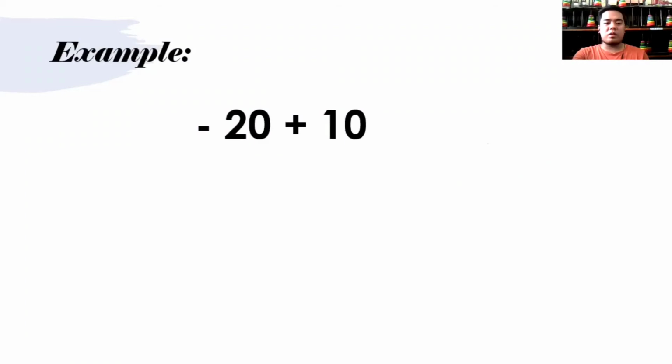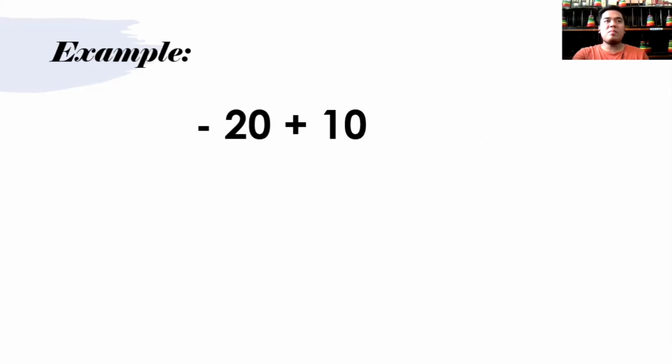For example, negative 20 plus positive 10. As what we have noticed, negative 20 and positive 10 are unlike signed numbers. Magkaiba sila ng sign. So what we are going to do is to subtract the value.